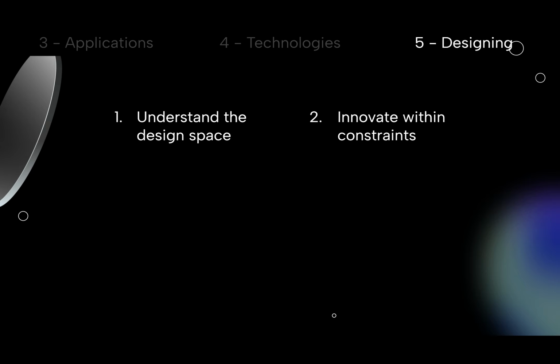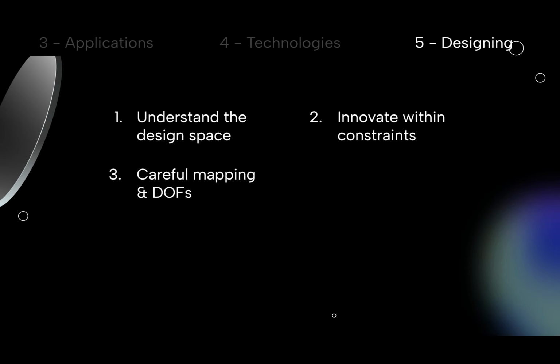Second is innovate within constraints. Indeed, there's always room for innovation in 3D UI design, but it's essential to work within the constraints of the hardware and user capabilities, considering the limitations of motion tracking and the physical space the user will operate within.